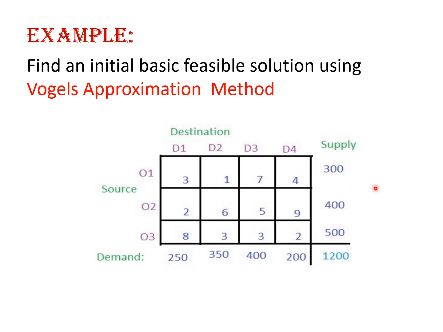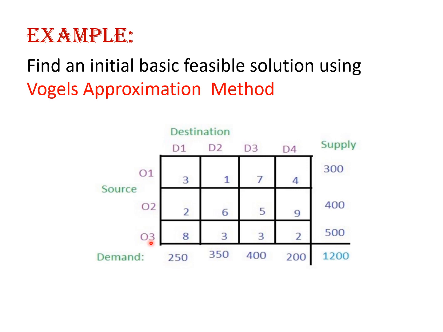Look at here. There are three sources O1, O2, O3 and four destinations D1, D2, D3, D4. The available sources are 300, 400, 500 in O1, O2, O3 respectively.